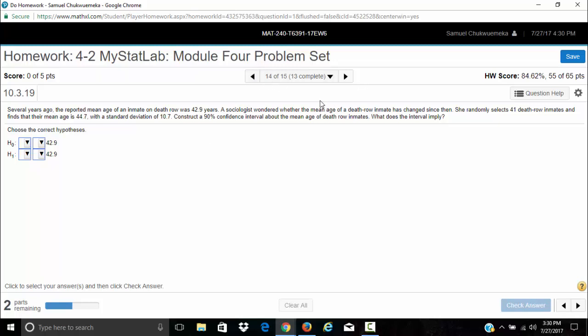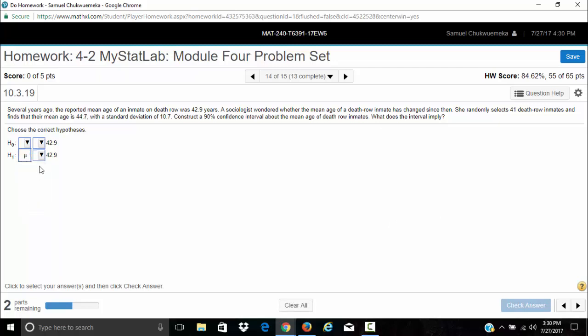So the sociologist wondered whether the mean age of a death row inmate has changed since then. So this tells you that it is what? They don't know whether it is less than or greater than. So it's a two-tailed test. And this is the mean.